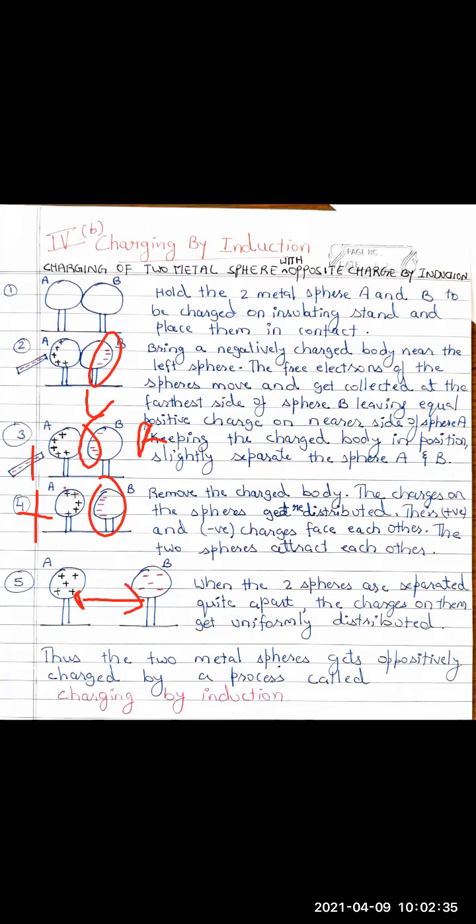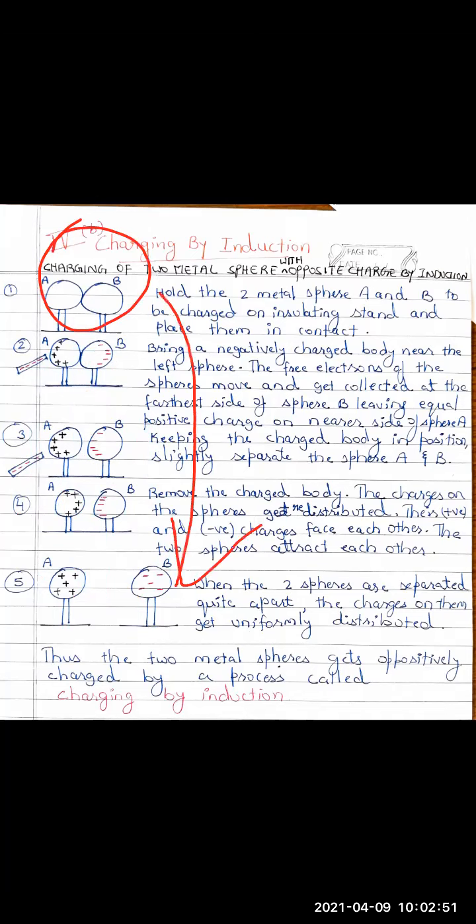So the positive charges on A will be uniformly distributed on sphere A, and the negative charge on sphere B will be uniformly distributed over there. So finally children, you saw that spheres A and B, which were uncharged, we have charged oppositely by making sphere A positively charged and sphere B negatively charged.